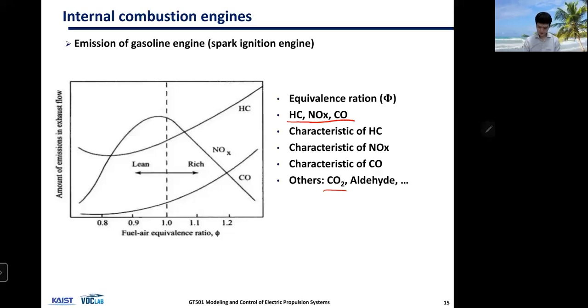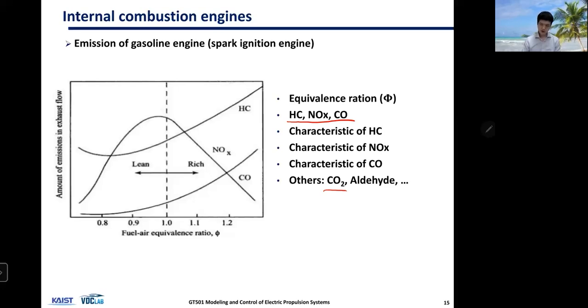So that's usually the goal of designing converters. But even if we have converters, we want to reduce emissions coming out of the exhaust valve, meaning the engine-out emissions, and that's directly related to the combustion process and how you control and design engines.